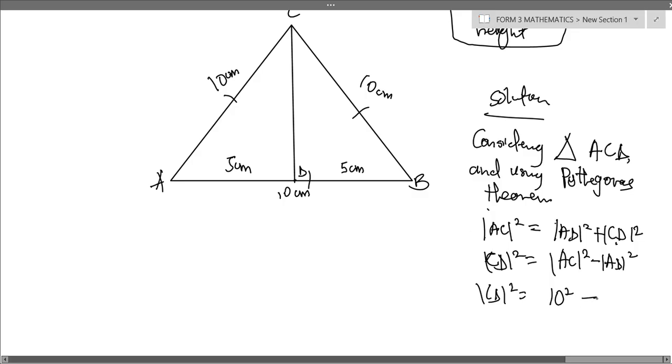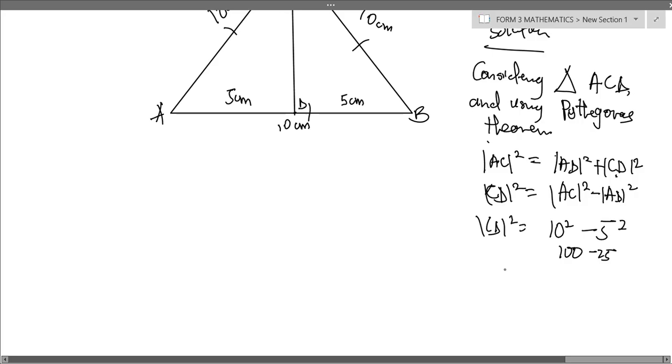Okay, minus 5, there's minus here, so minus 5 squared. We're going to get 100 minus 25, which is going to give us 75. So this is still our CD squared. In order to get this one, we are going to get the square root, so line CD is equal to the root of 75.